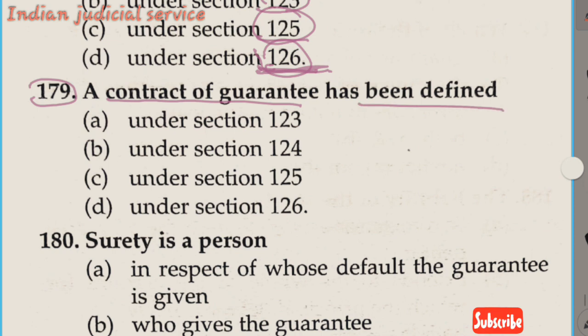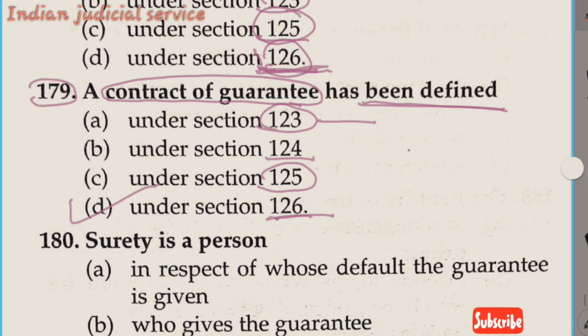Question number 179. A contract of guarantee has been defined in section 126, and the contract of indemnity in section 124. Section 123 relates to the Sale of Goods Act, so it is not present in our Contract Act, and section 125 deals with the right of the indemnity holder when sued. So in this question the contract of guarantee has been defined in section 126.